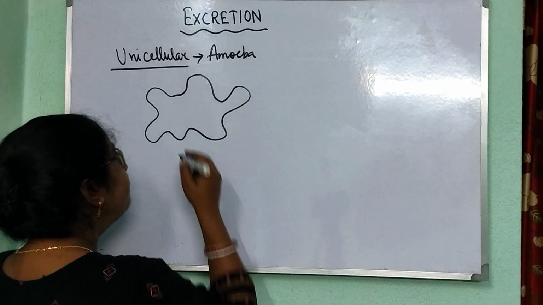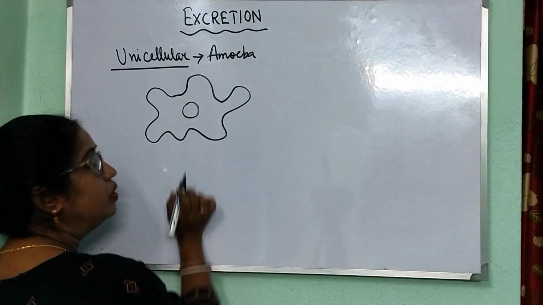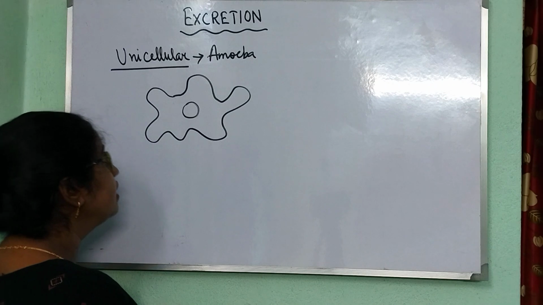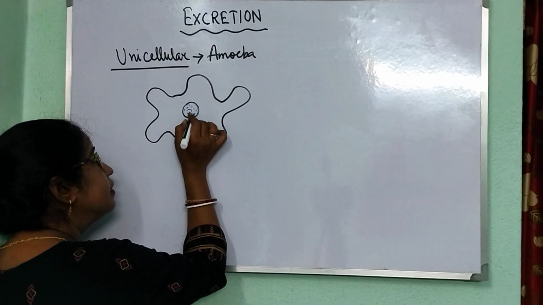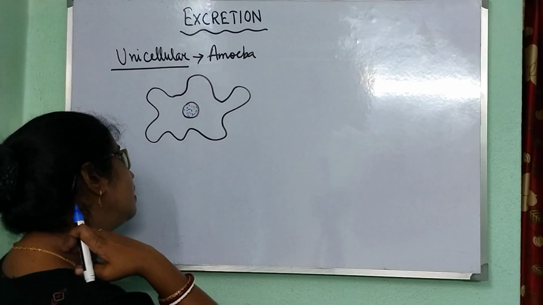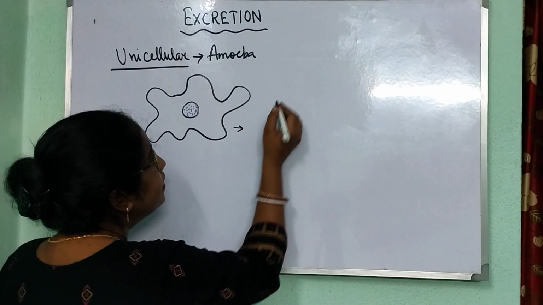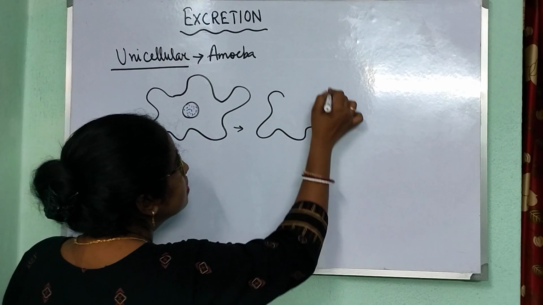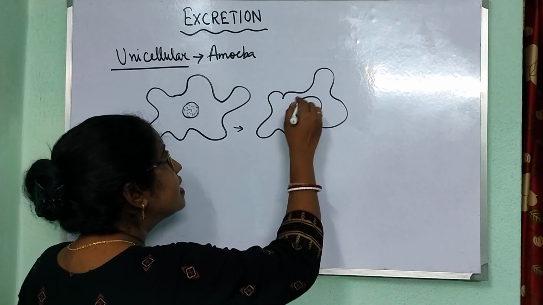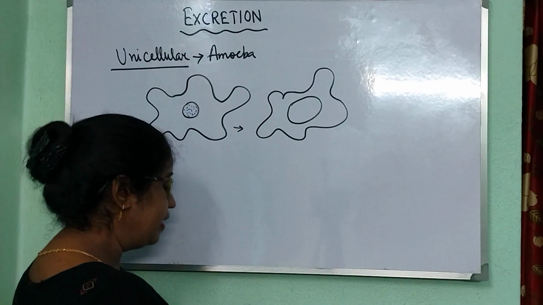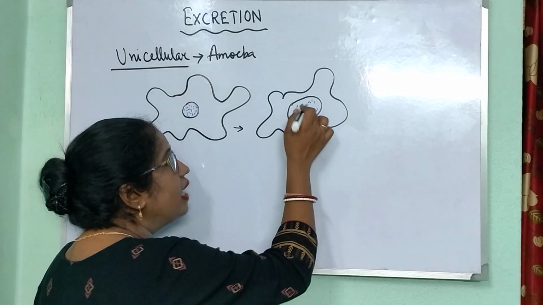In amoeba, a special type of vacuole is created which contains the waste material, and the contractile vacuole gradually increases in size by accumulation of the waste material.